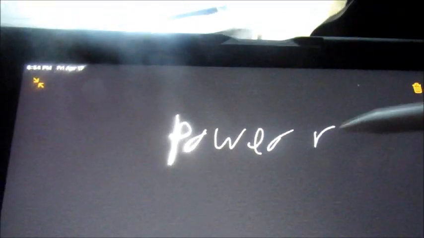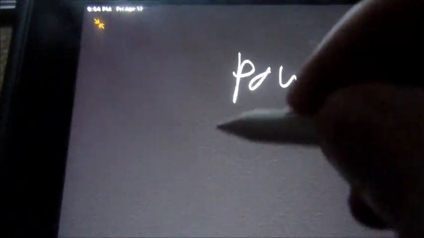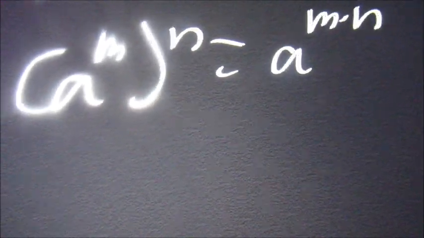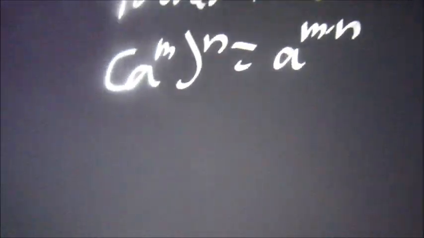The power rule in general is if you have a raised to the m, all raised to the n, we can rewrite that as a to the m times n. We keep the same base.